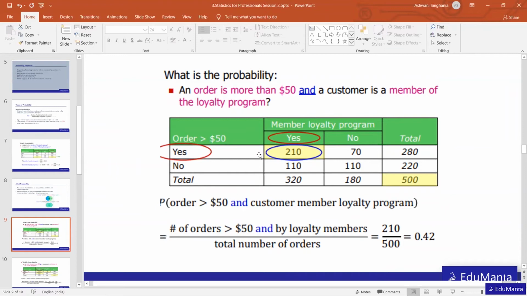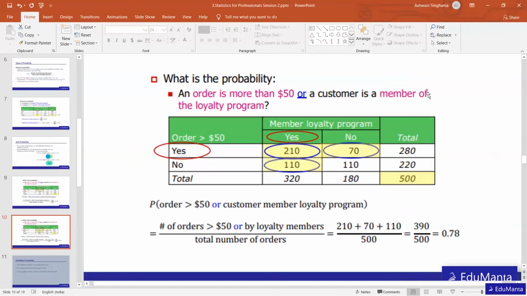In this table we can see that number is 210. So 210 by the total possible number, that is 500, so the probability is 0.42. Is it clear to everyone? When we talk about 'and', it means the intersection part, the overlapping part.